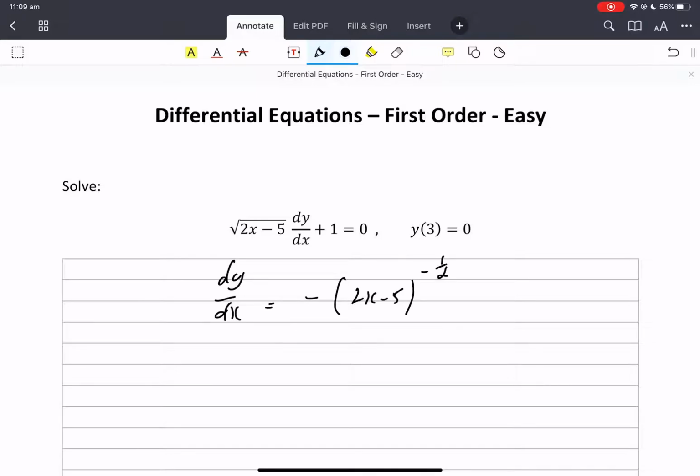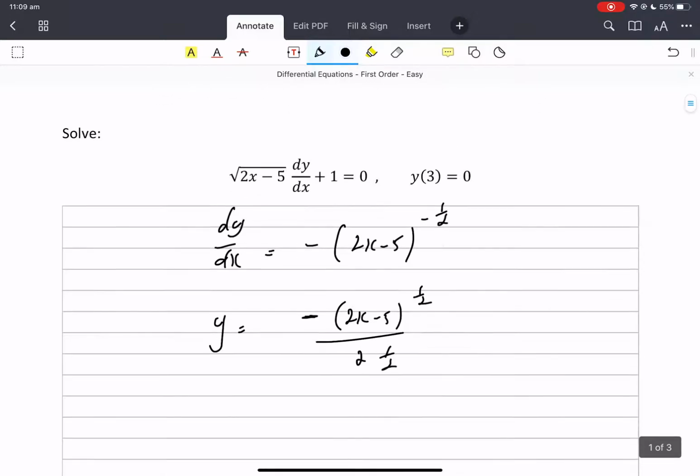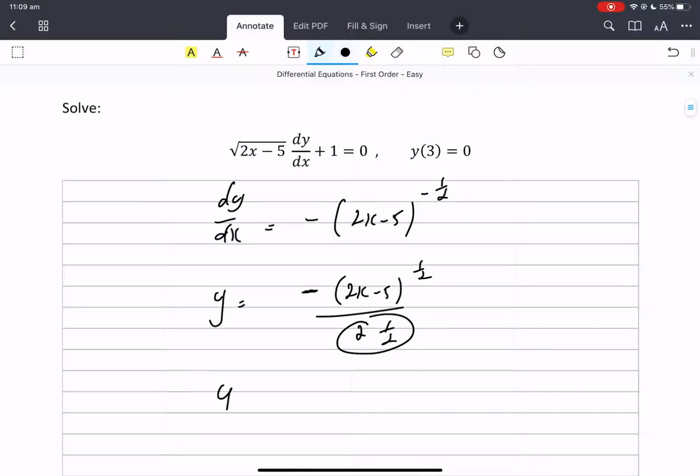Okay, so let's just solve that. So it's going to be 2x minus 5 to the minus a half plus 1, so it's on a half. And we've also got to divide it by the derivative of what that is, so that's a 2. They will cancel nicely.